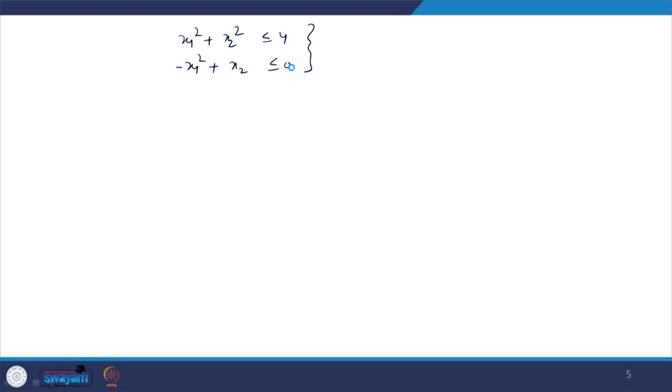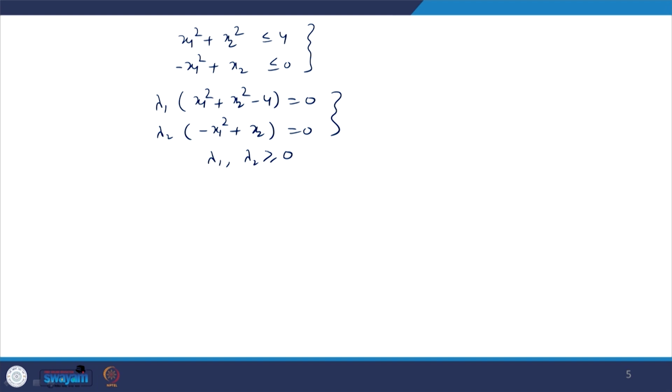So, lambda 1 g1 equal to 0 and lambda 2 g2 equal to 0, and lambda 1, lambda 2 greater than or equal to 0. So, these are the various KKT conditions for this particular problem.